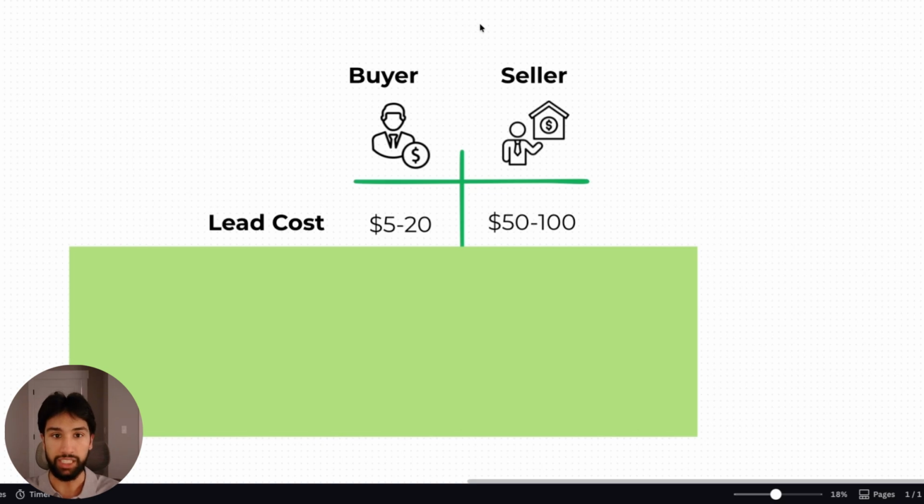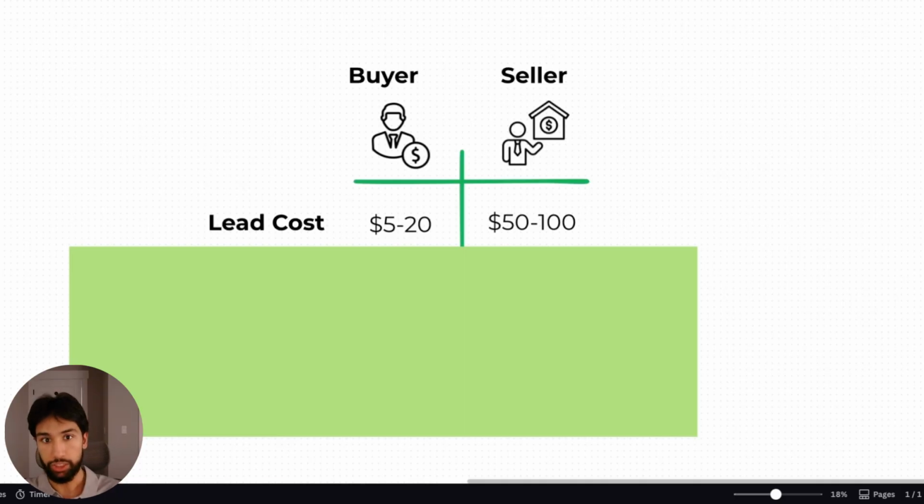Curiosity is what drives those clicks, and those clicks drive lead generation, which is what every agent wants, but you're basically just getting people that are browsing. So you see ads like, see homes under 900K in Bellevue or new listings in Snohomish County.